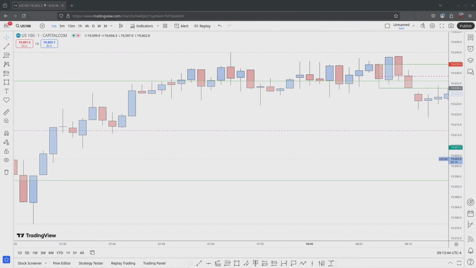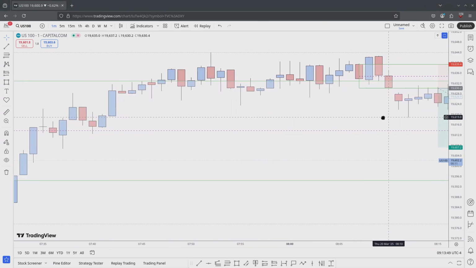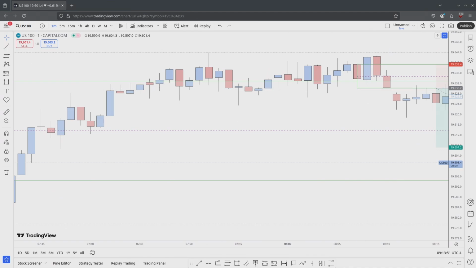Just want to check out something on the Dow. This came in at 808. If I look at US 30 and you look at 808, then you have a lower high. So that would be an SMT. I want to look at US 500 too for a sec.